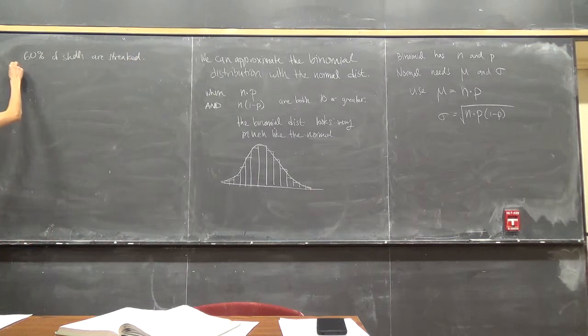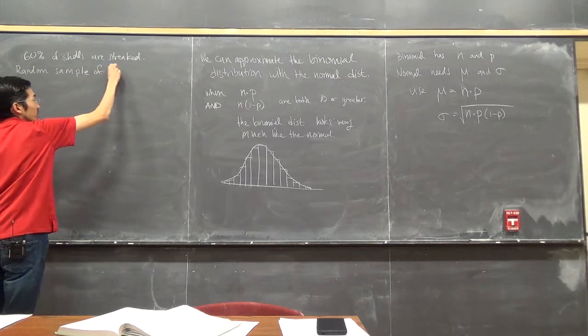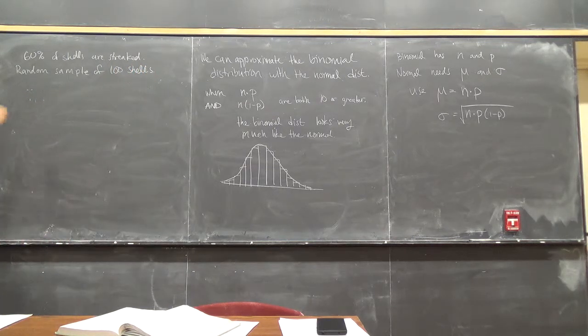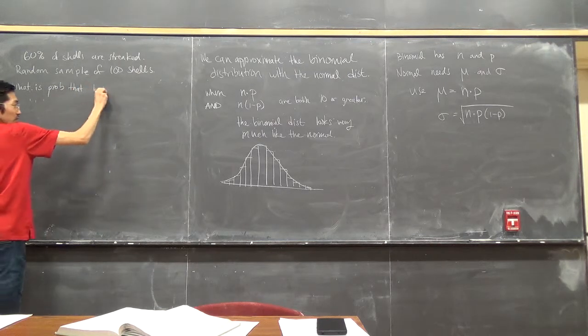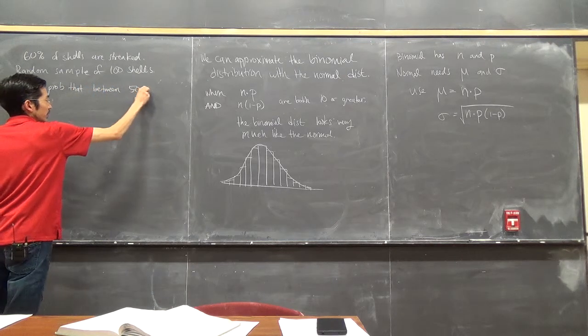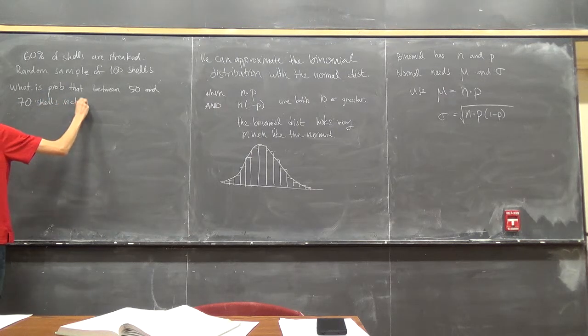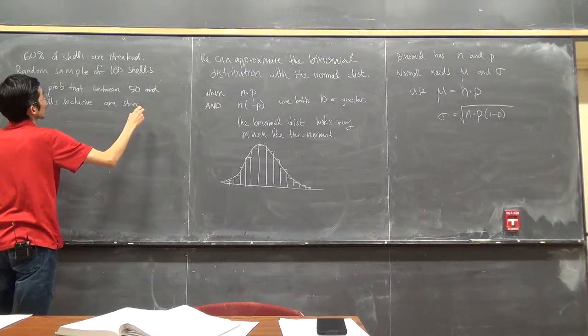And let's say I'm going to take a random sample of 100 shells and ask, what is the probability that between 50 and 70 shells inclusive are streaked, or striped? What did I say? Streaked.